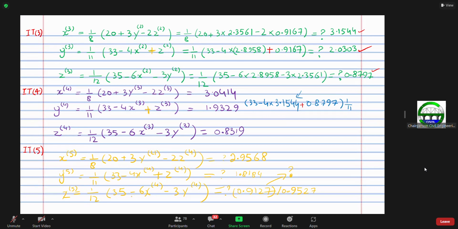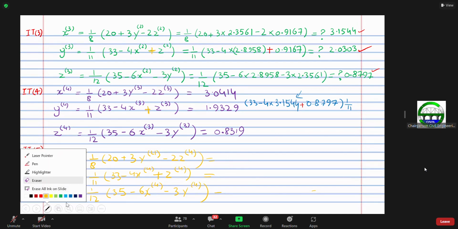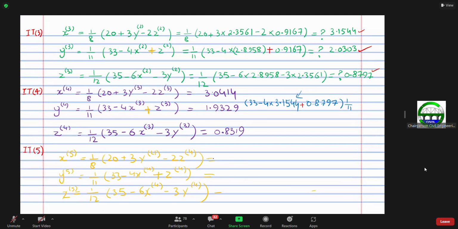This one is plus, and then the value of x5 should be equal to, let me erase the values. Okay, now try to calculate it again.